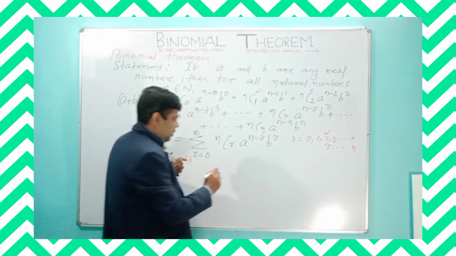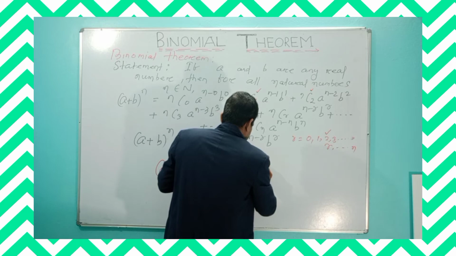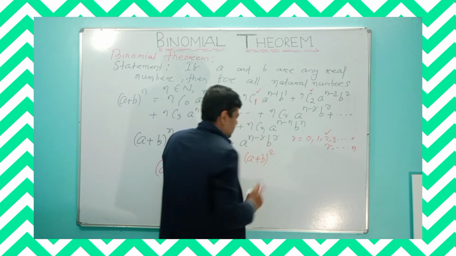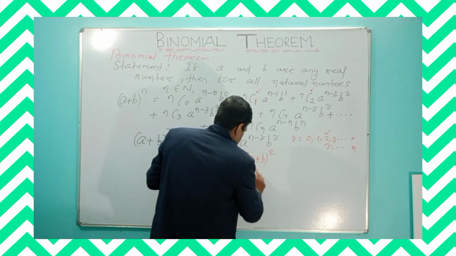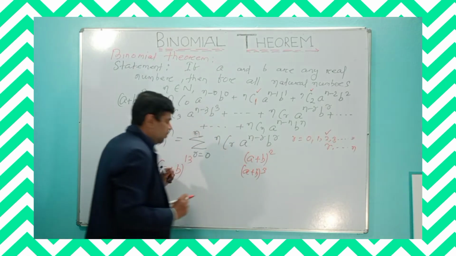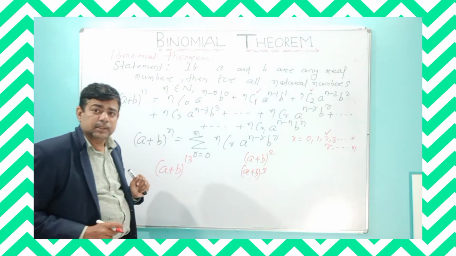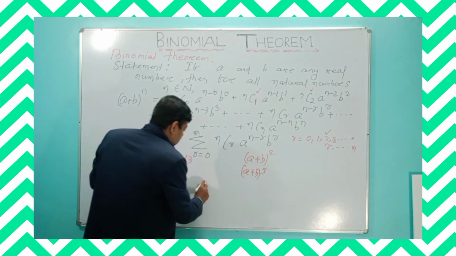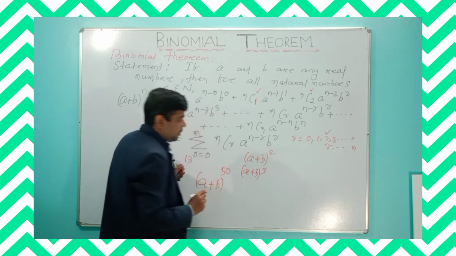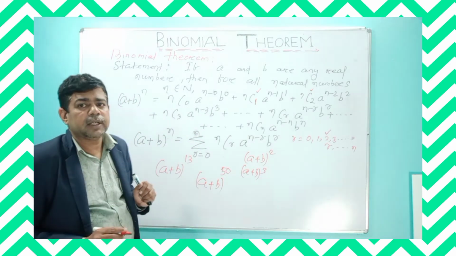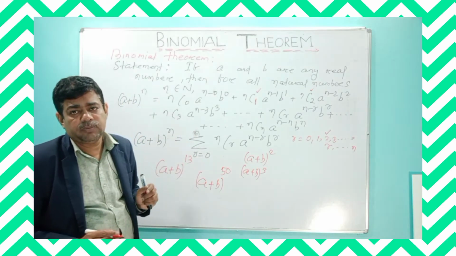And all of you know (a + b)^2, one of the important identity expansions, and (a + b)^3. Similarly (a + b)^13, and (a + b)^50. This type of expansion we can do using this theorem.